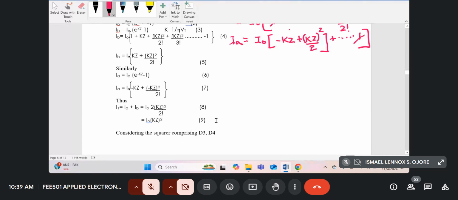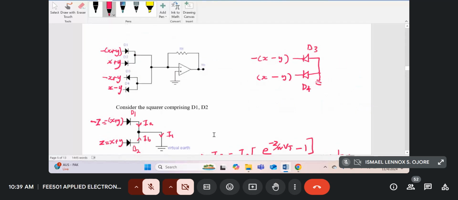Okay, so next let's consider a square rack comprising diodes D3 and D4. Now diodes D3 are these ones. In the first circuit over here, diode D3 is here, diode D4 is here. Now diode D3 is being fed by a signal minus x plus y. Diode D4 is being fed with a signal x minus y.